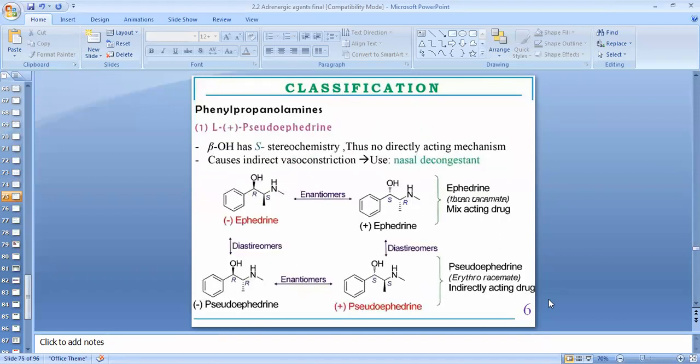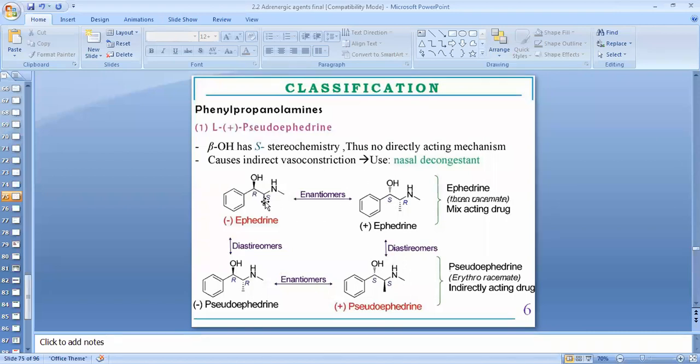Now, the next class is phenylpropanolamines. The drug molecule is pseudoephedrine. Pseudo means competing, deceiving. So the beta hydroxyl group has S stereochemistry, thus there is no direct acting mechanism, and it causes indirect vasoconstriction.